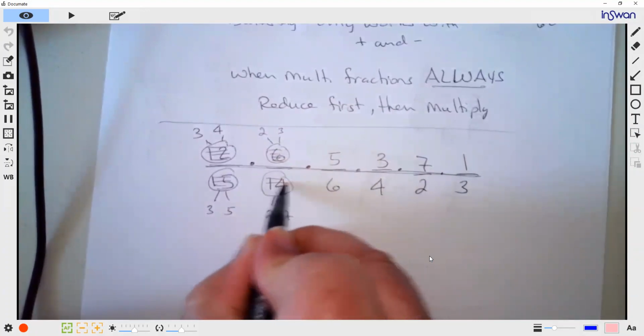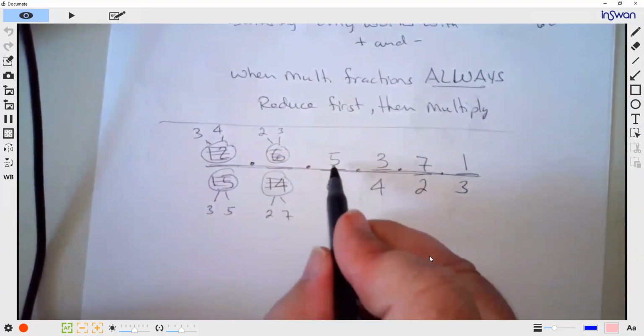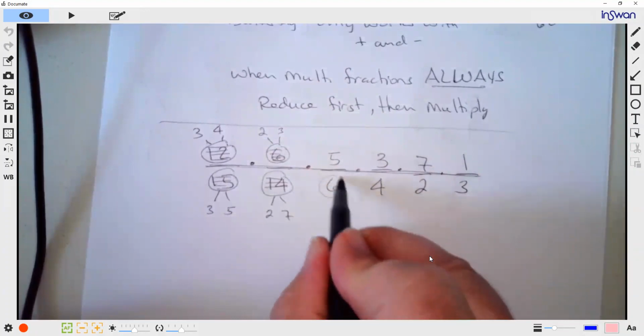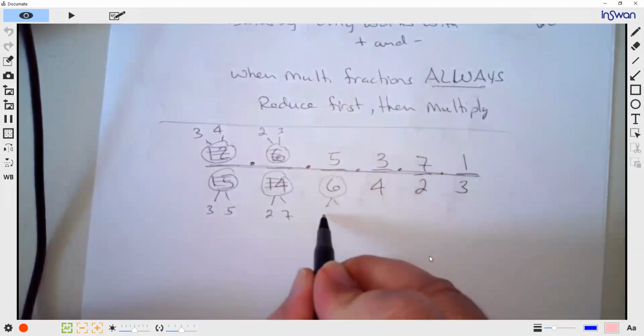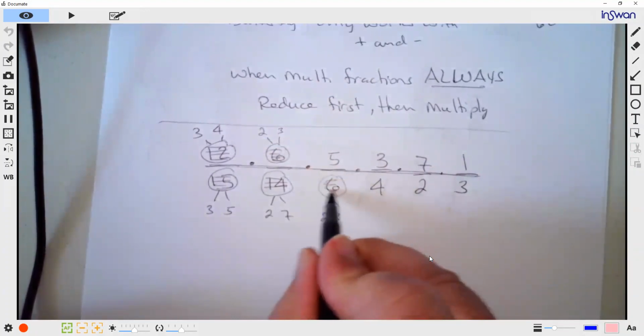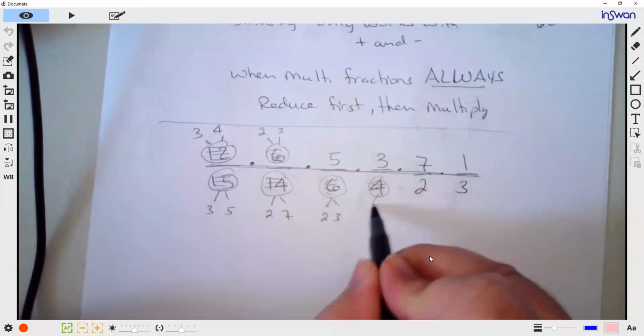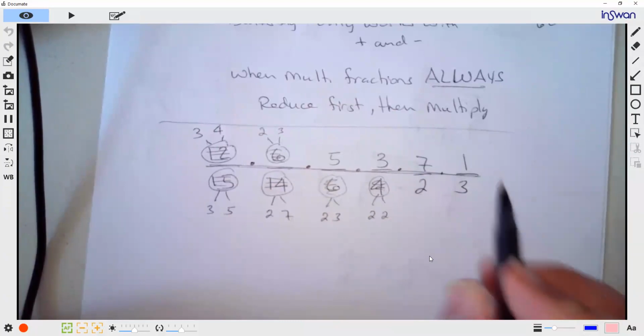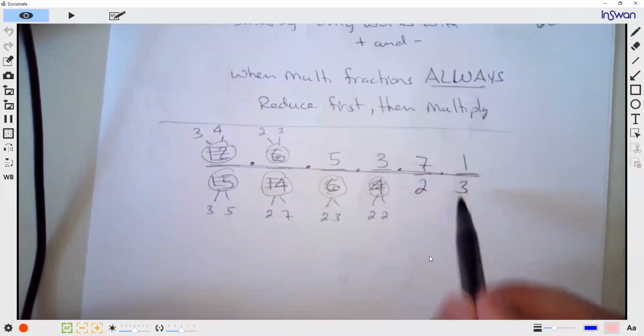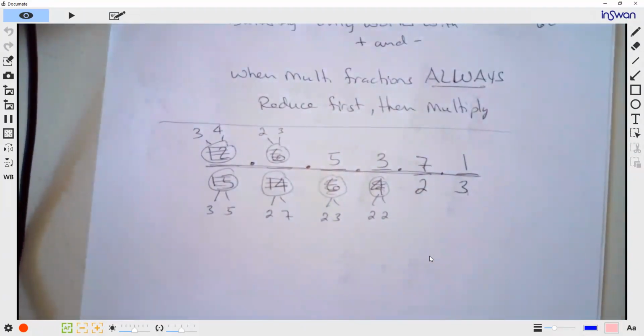Yep, 2 and 7. Very good. 5 is it. 6, 2 and 3. 2 and 2. Yeah. Those are all prime numbers.